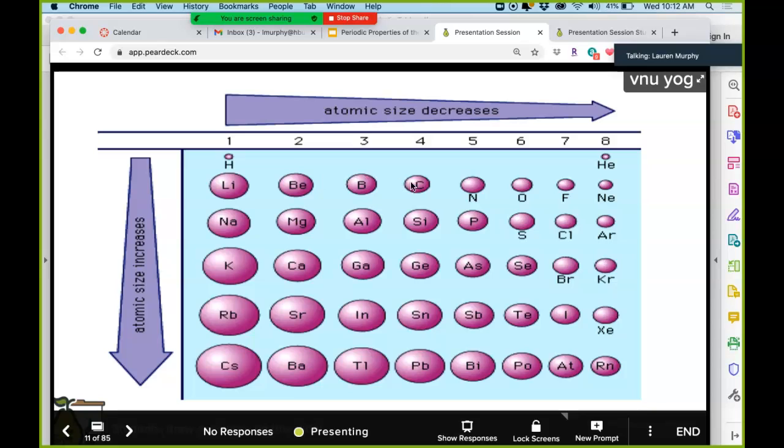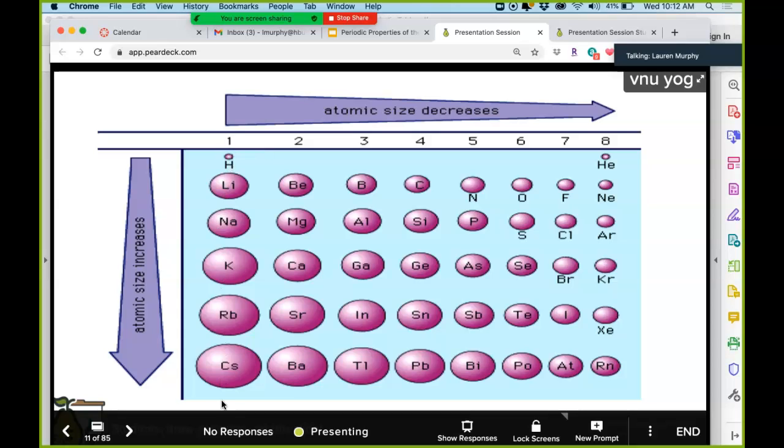However, we increase the charge of the nucleus. So there's no shielding necessarily going on. You'll find out there's a little bit of an exception to this. There's no shielding generally going on because we're all on the second energy level, but we are gaining charge of the nucleus, which makes the electrons more attracted to the nucleus. So as you go from left to right, the radius decreases.